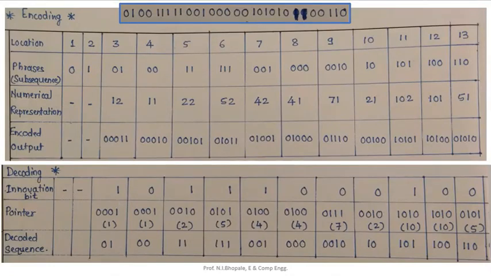Okay, this bit will be dragged like this. This is the dragging of the bits. All these bits, the innovation bits, are written over here as it is, 0. This is dragged over here. This is also dragged here.